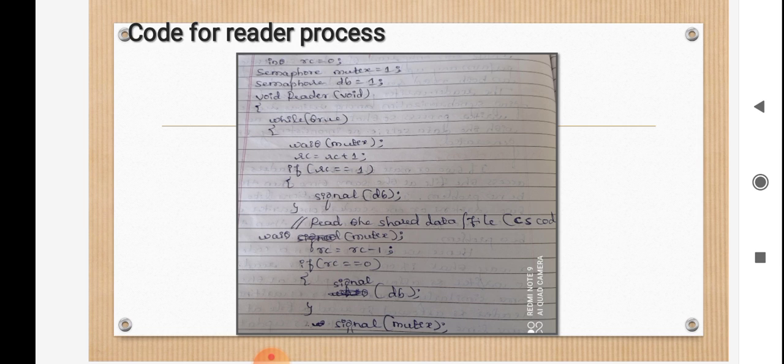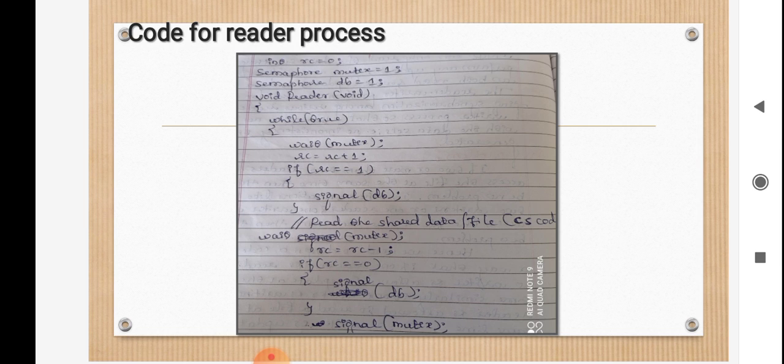Initially it was 1, and now if I call wait mutex, I decrease the value, so it becomes 0. Clear? Now RC is equal to RC plus 1, meaning we are incrementing the value of the read count. There are 4 possibilities, or 4 cases, I told you, in the last table or last slide.